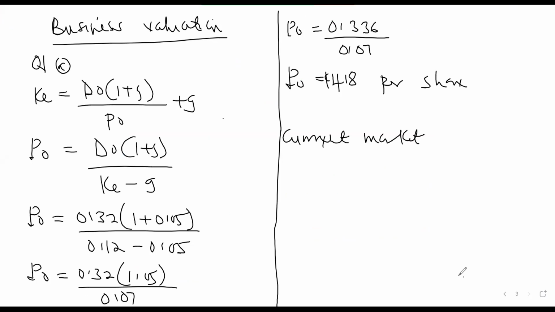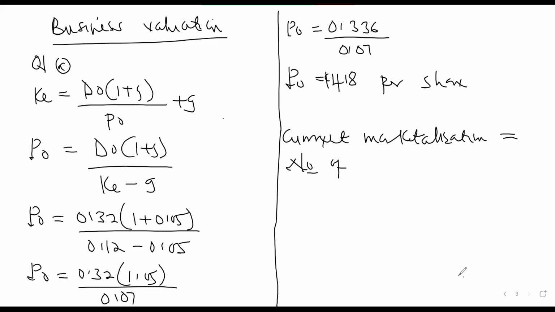If they are asking you for the current market capitalization of the company, it is calculated as the number of shares that the company is having. It is just that if you go to the stock exchange now, what is the value of the company?